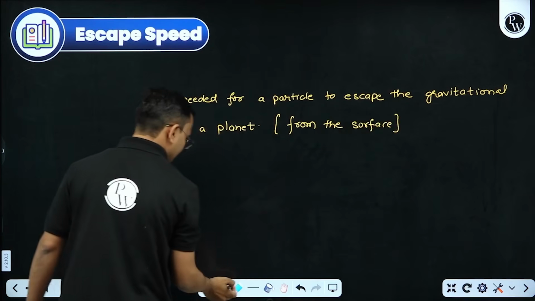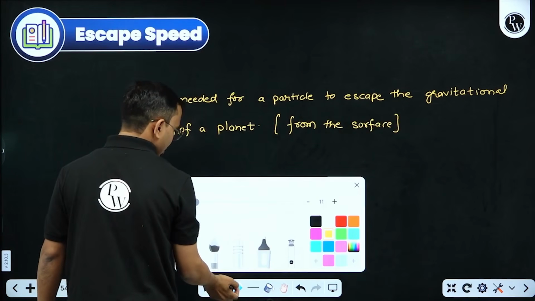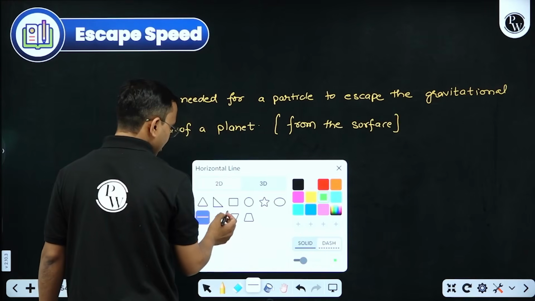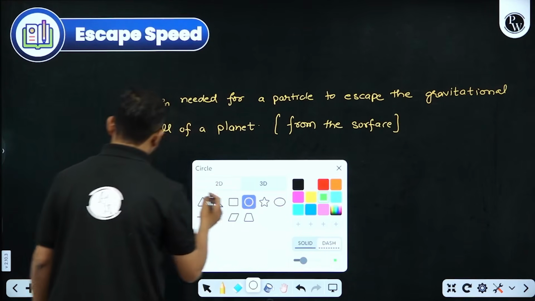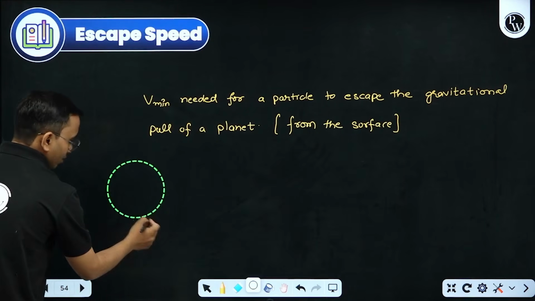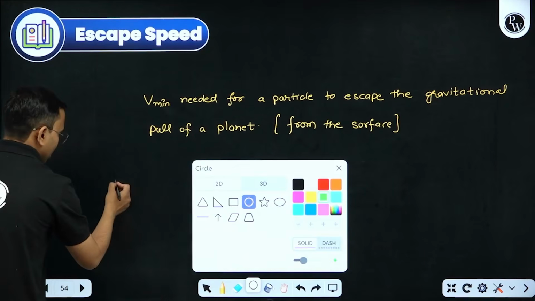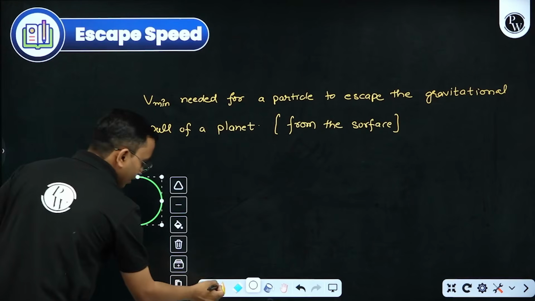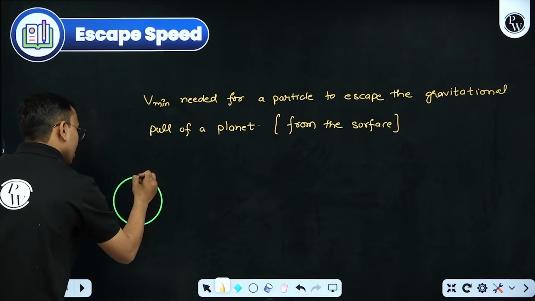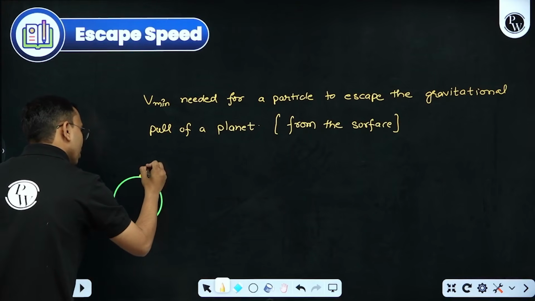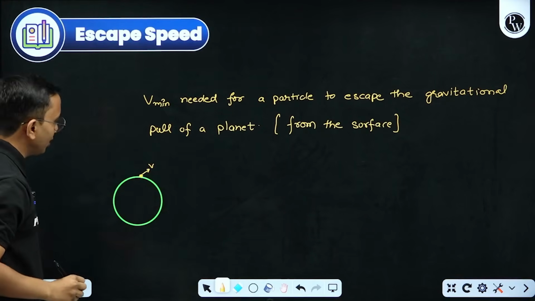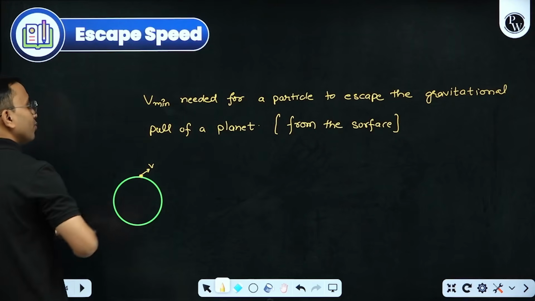Okay, so let us consider a planet, solid line. Yeah, so let us consider a planet, and I am throwing a mass with velocity v from the surface. Okay, and now it escaped.